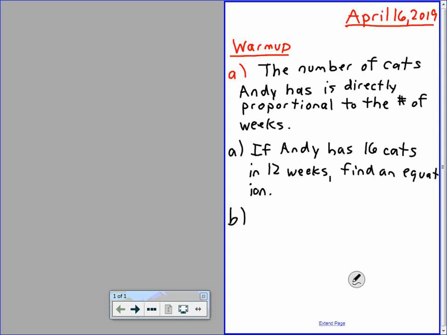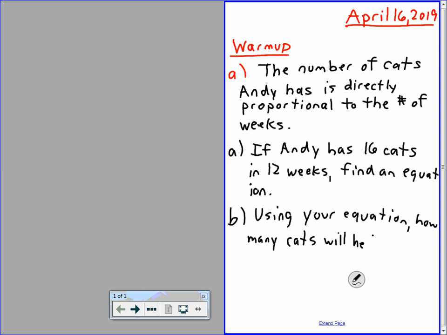And B, using your equation, how many cats will he have in 52 weeks, which of course is 1 year.